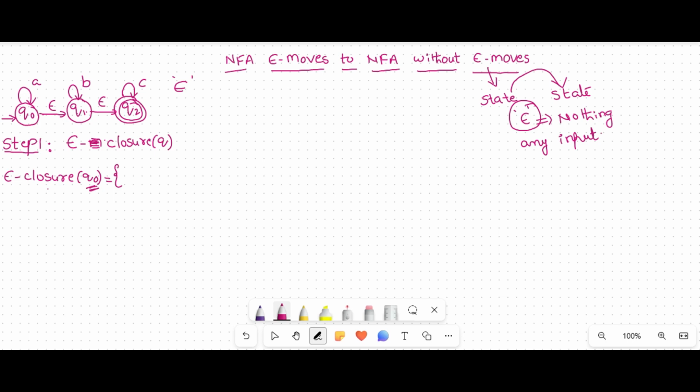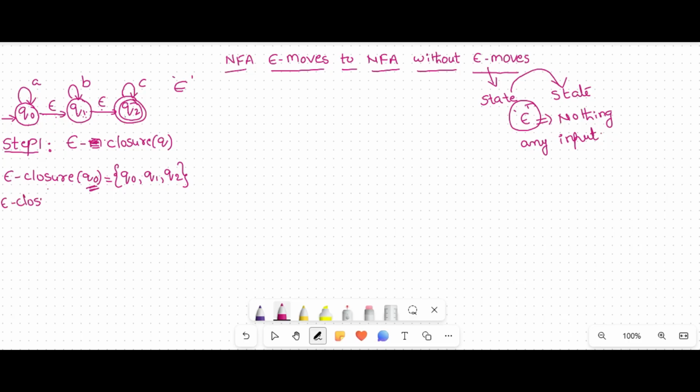Consider Q0. With epsilon transition it goes to Q1, and next it goes to Q2 with epsilon. It should have epsilon transition.